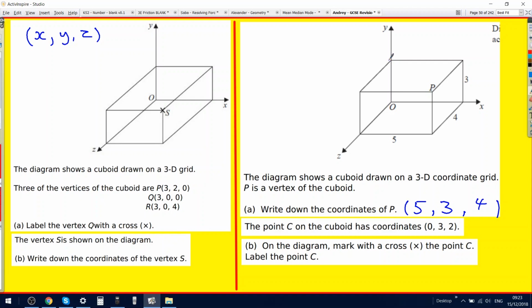The last one is the z. So the 5 would be the x. Yeah. How far is it for the z?